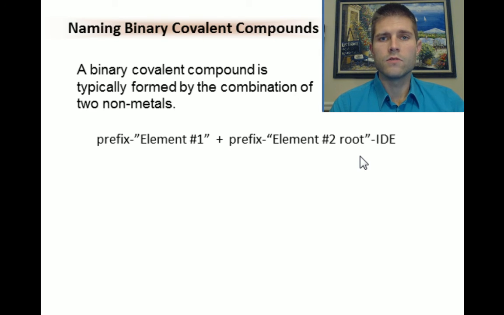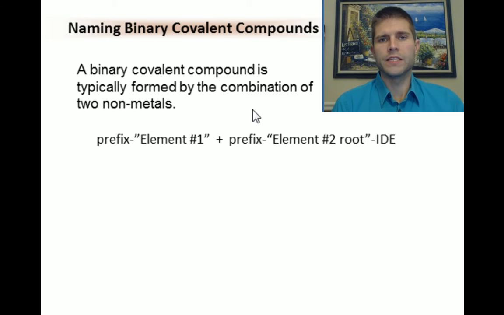And so what we do is we use prefixes in order to denote how many of each element is present in this molecule. So this is how the general formula for writing this covalently bonded molecule would look. We would have a prefix in the first element, and then we would name the prefix plus the second element, where we change the ending of the second element and add "ide."